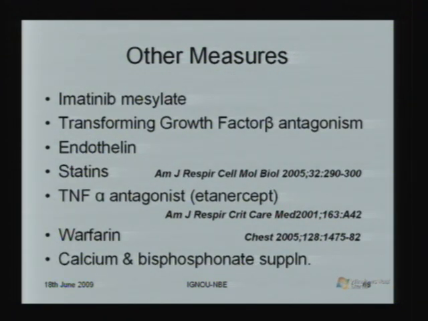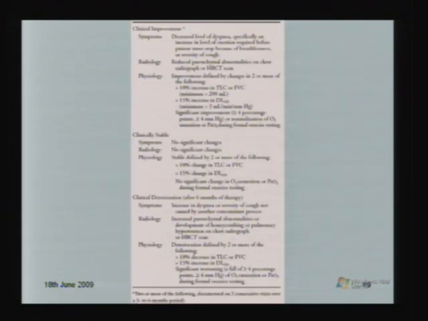The various other measures include imatinib mesylate, transforming growth factor beta antagonists, endothelin antagonists, statins like simvastatin, TNF-alpha antagonists like etanercept, warfarin, and of course, one must not forget to supplement with calcium and bisphosphonates when patients are being administered long-term steroids.